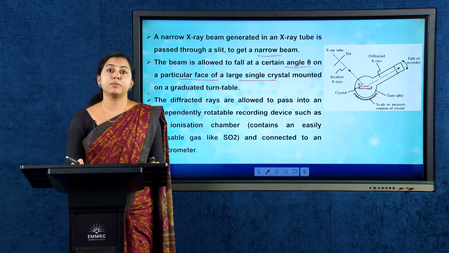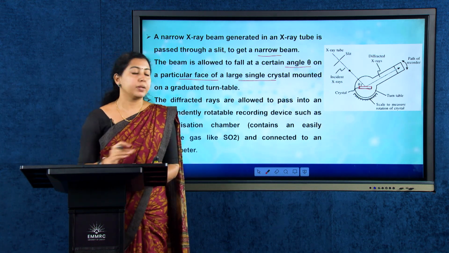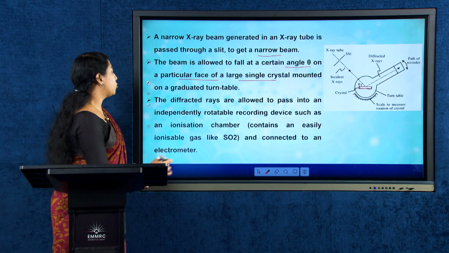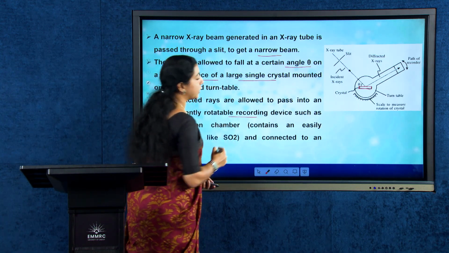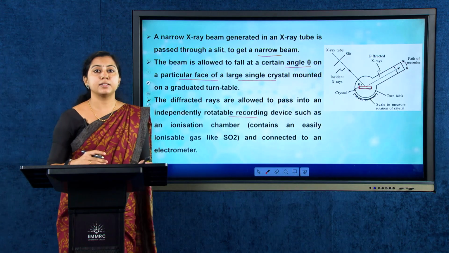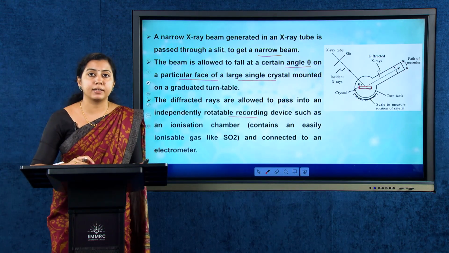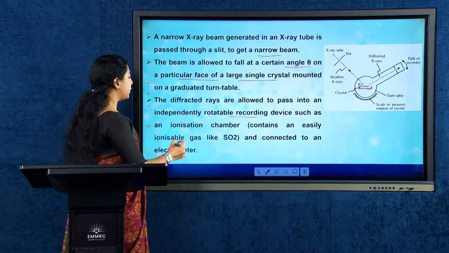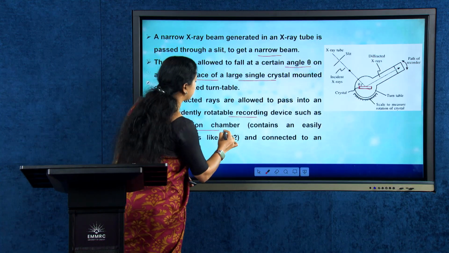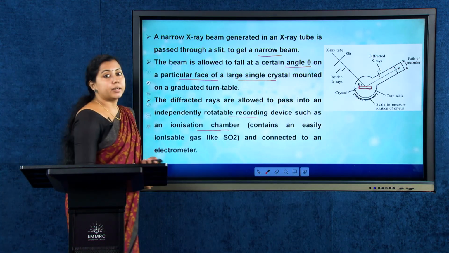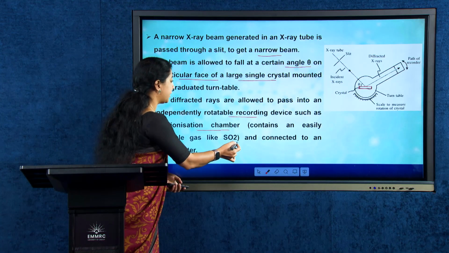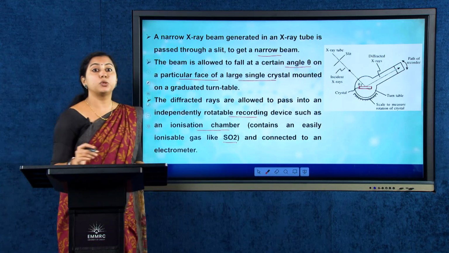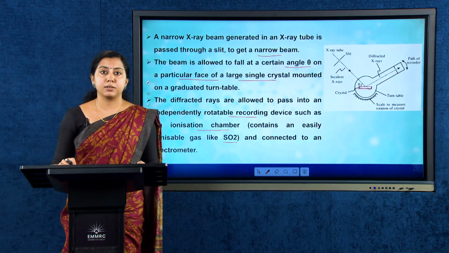Now, what happens when X-rays fall on the crystal? The diffracted rays are allowed to pass into an independently rotatable recording device. The diffracted rays will then move on to the detector, and here the detector we use is an ionization chamber. As we said earlier, it contains an easily ionizable gas like sulfur dioxide, and that is connected to an electrometer.